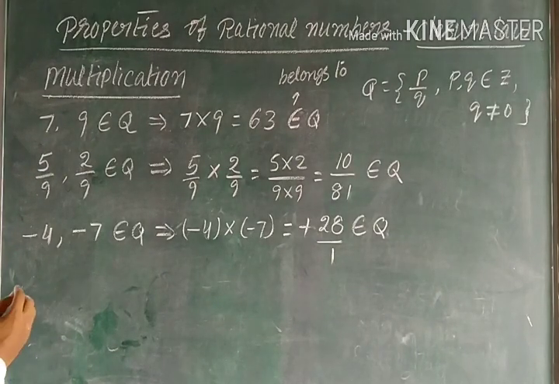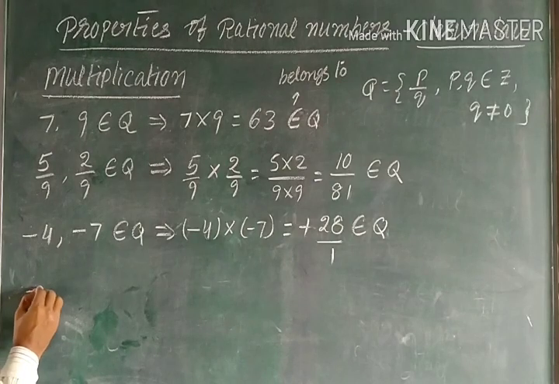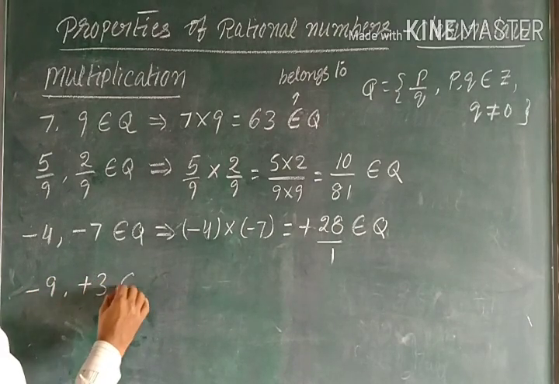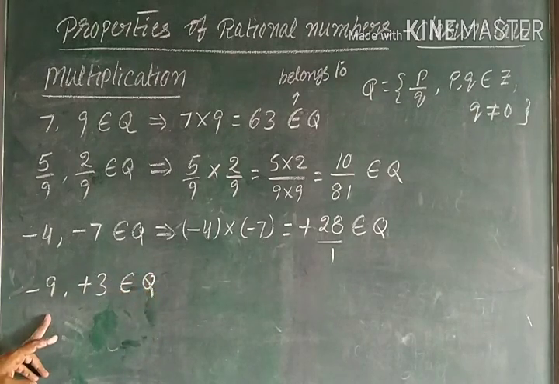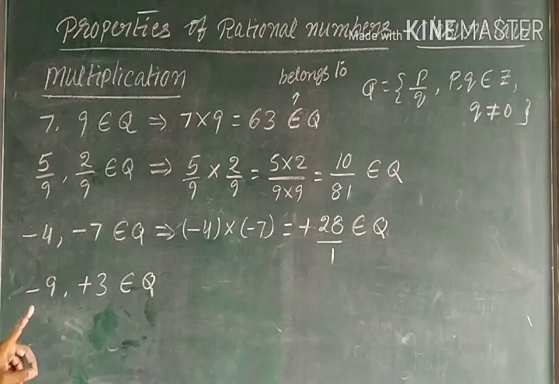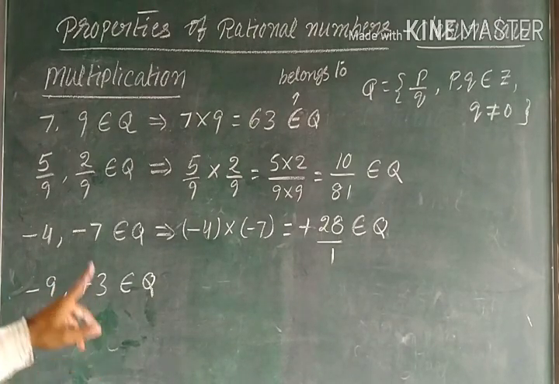And one more example, children. Minus 9 and plus 3 belong to Q, because minus 9 is a rational number, plus 3 is also a rational number. Why? Because minus 9 can also be written as minus 9 by 1, plus 3 can also be written as plus 3 by 1.